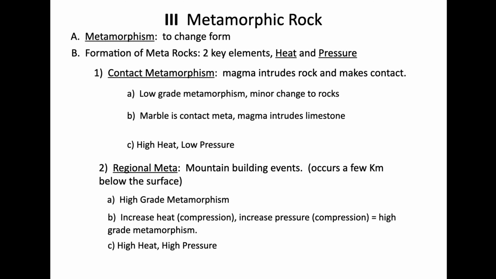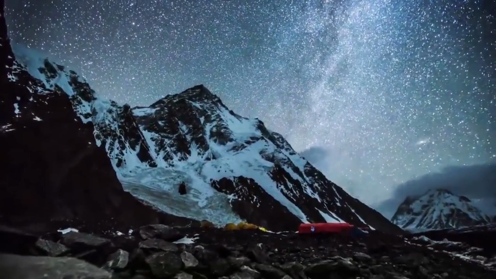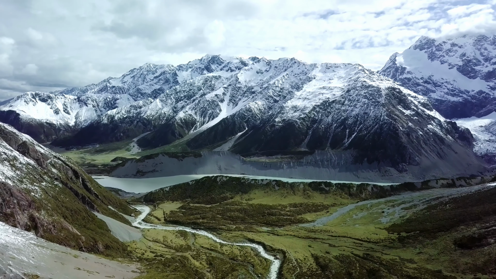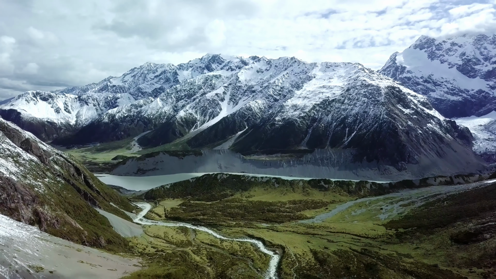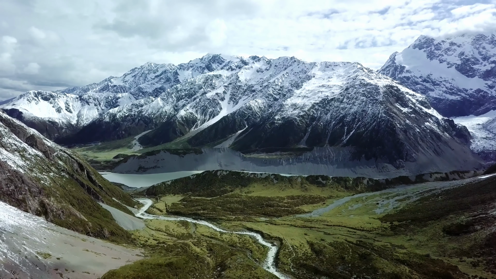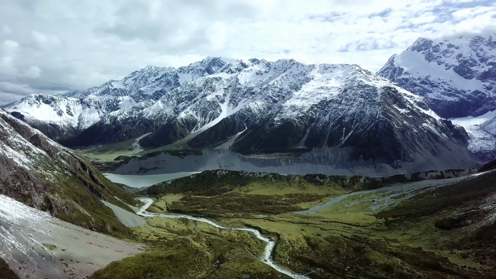The second type of metamorphic rocks are regional metamorphic rocks. Regional metamorphic rocks are usually formed through mountain building events, something like the Himalayas right now. That entire massive area is undergoing a mountain building event. When India is colliding with Asia, crumpling up all of that continental crust, there's going to be a whole lot of pressure, and that causes a great amount of heat.